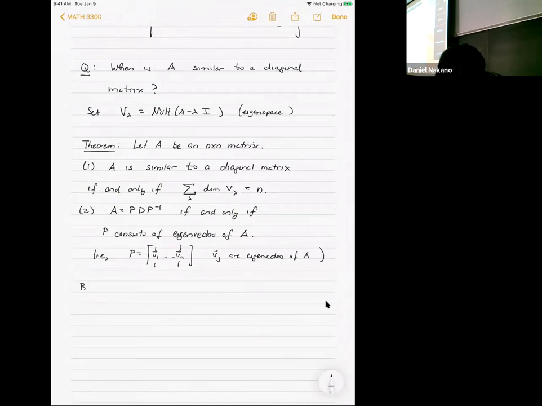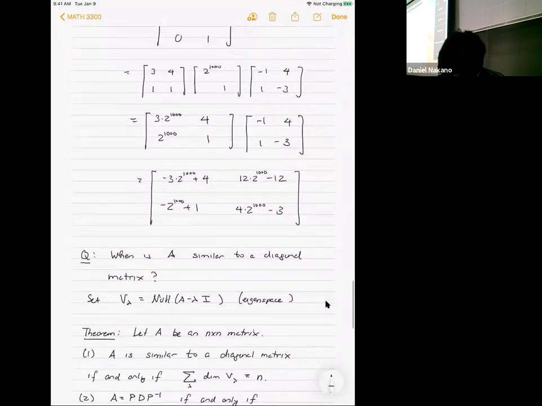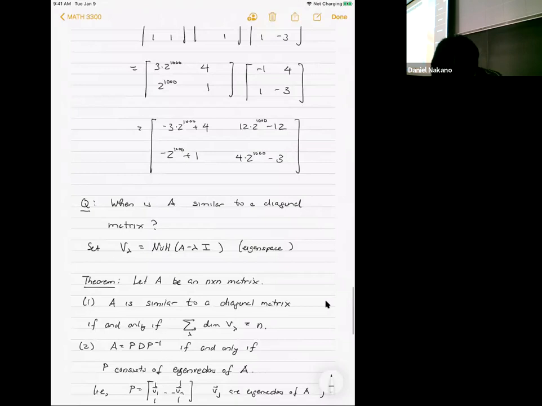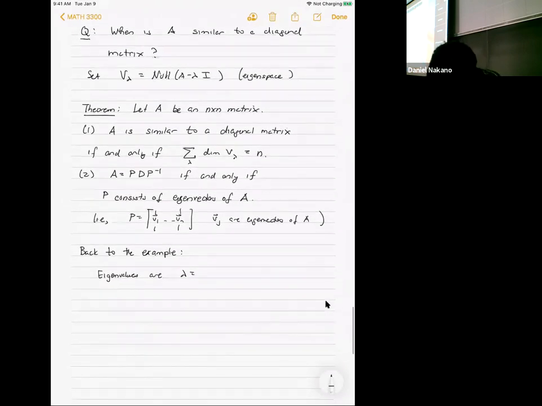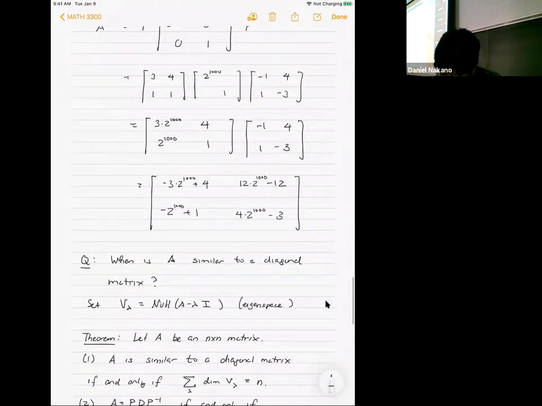So back to the example. The eigenvalues are lambda equals 2, 1, right? And you can actually look at the eigenvectors, like you're saying, there are 3, 1, and 4, 1.